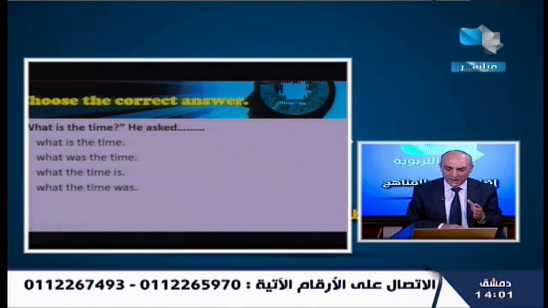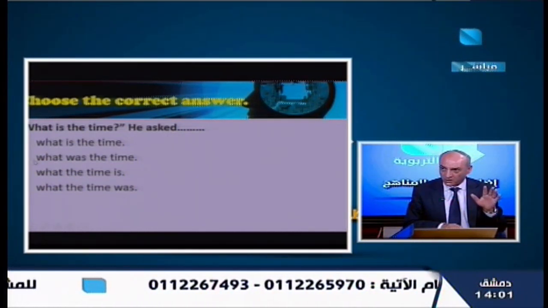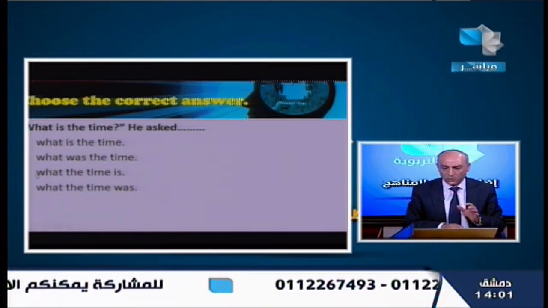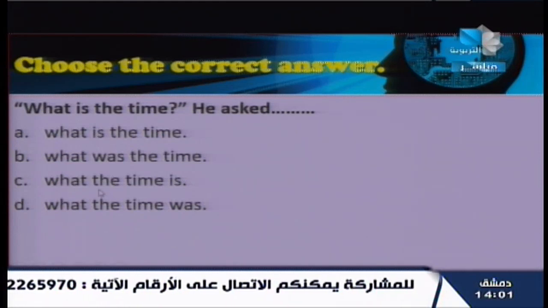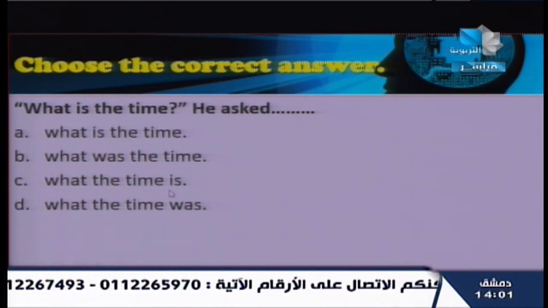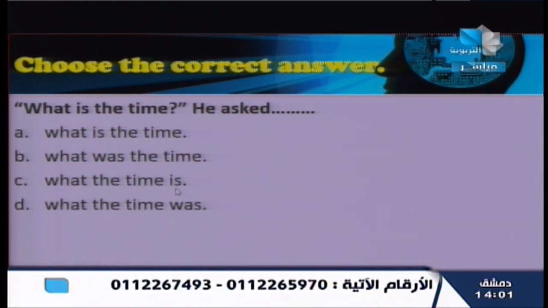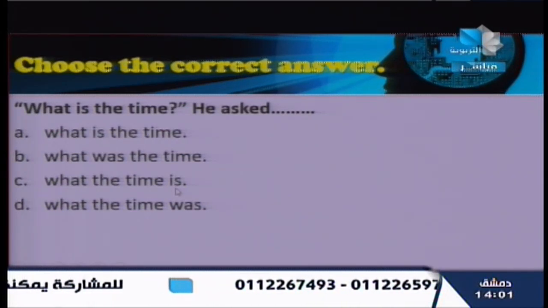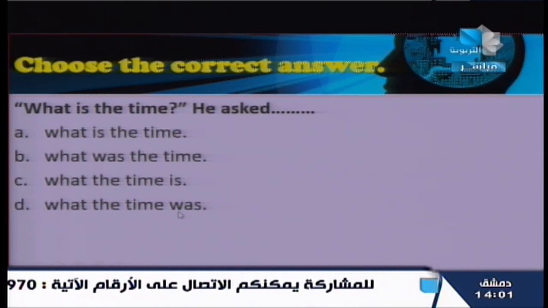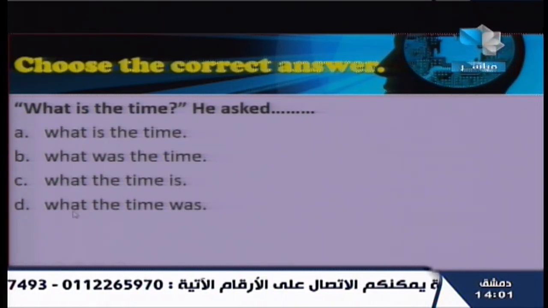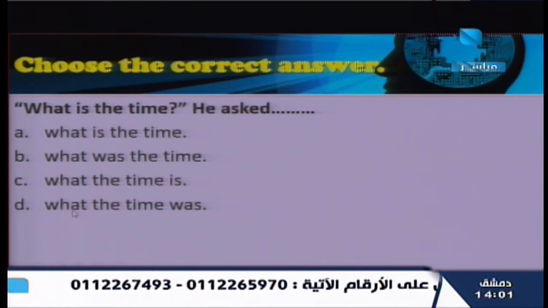So A and B are both wrong. What about C? What the time is? Here it's okay, after what we use the subject, but we keep the mistake here, the tense. It is not correct because it must be was, not is. So choice D is the correct answer.